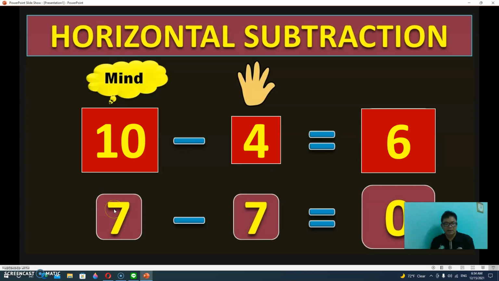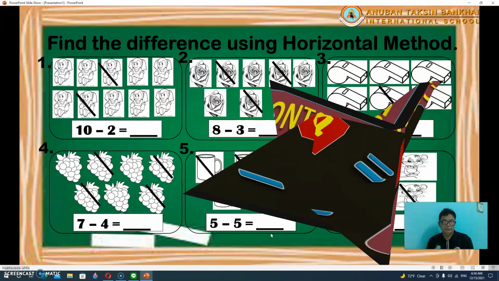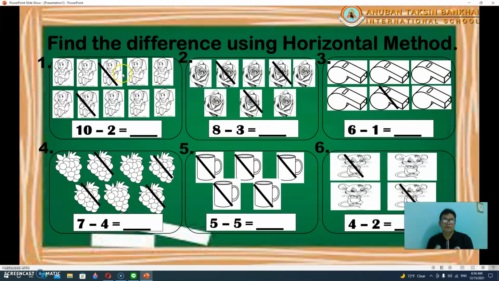Next example: 7 minus 7 equals what number? 0. Correct. We learned this already yesterday, so we're going to review and find the difference using the horizontal method.